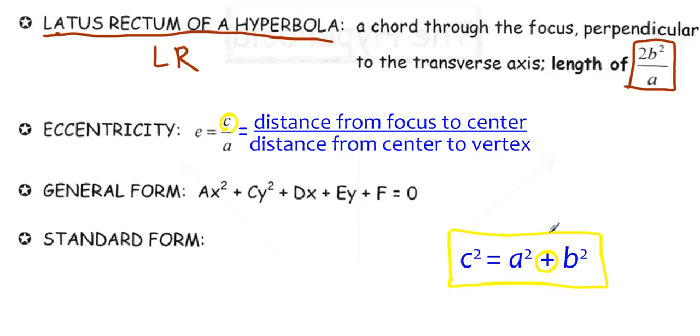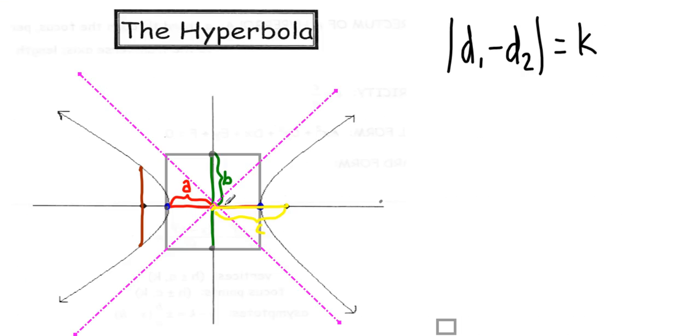We're adding, this is a straight up Pythagorean theorem, whereas in an ellipse we were subtracting a squared and b squared. Okay, the reason for that real quick is that if you were to take this c value here, and if you were to move it and turn it, then it would be the hypotenuse here. It would be the same length as if you took the triangle with sides a and b. It would be the hypotenuse there, same length.